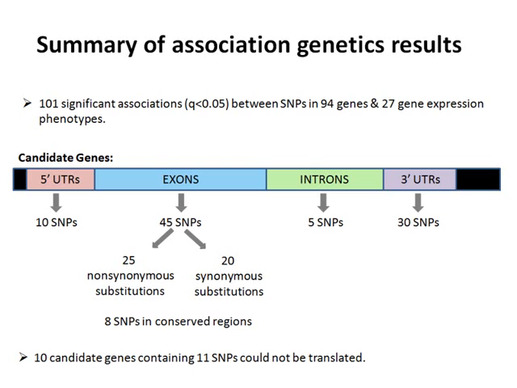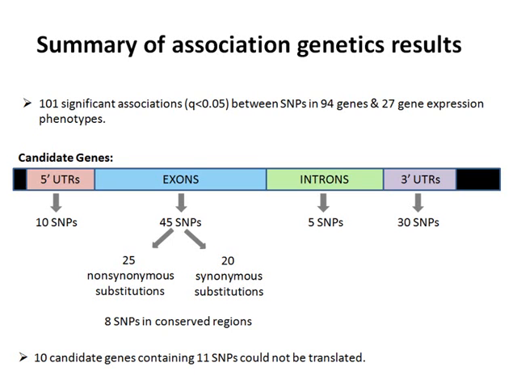So the results of our association study were we detected 101 significant associations between SNPs in 94 genes and 27 gene expression phenotypes. There were 45 SNPs in exons, and 25 of those SNPs caused an amino acid substitution. 20 SNPs did not, and then 8 SNPs in exons were in highly conserved regions.